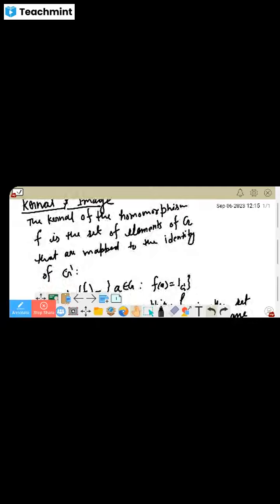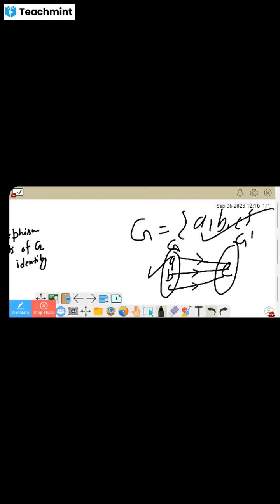This is G and this is G dash. So this set is said to be the kernel of F. Got it?